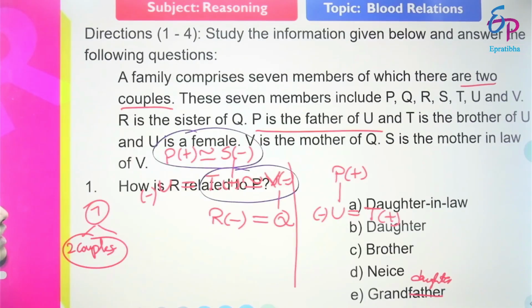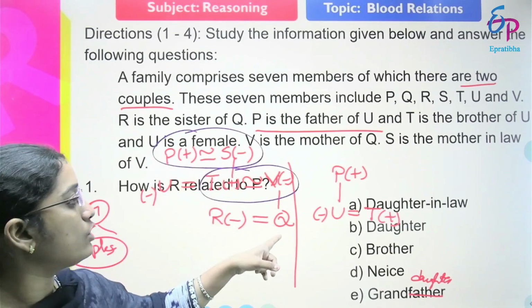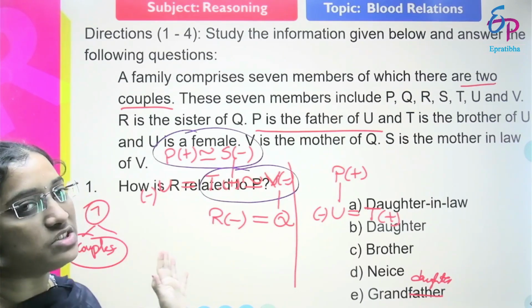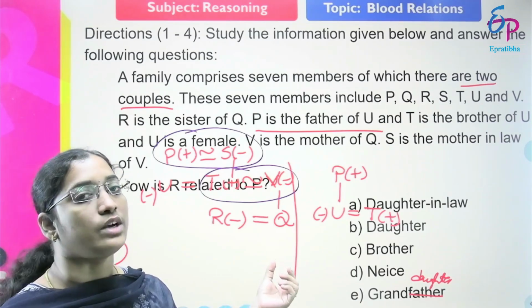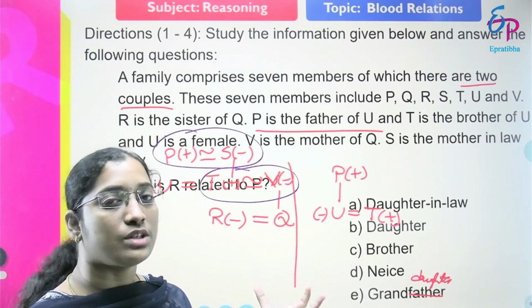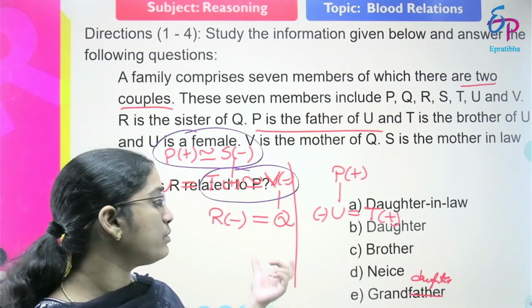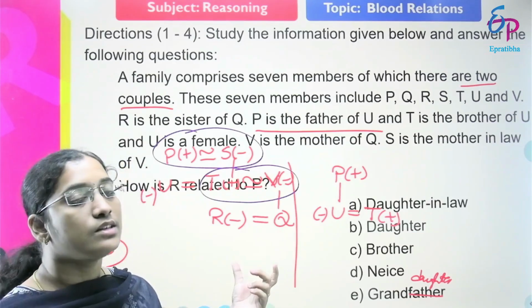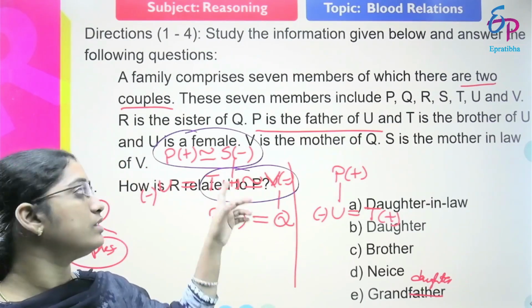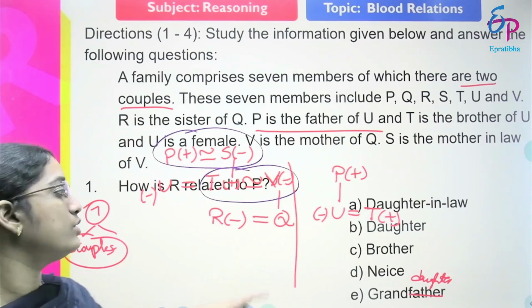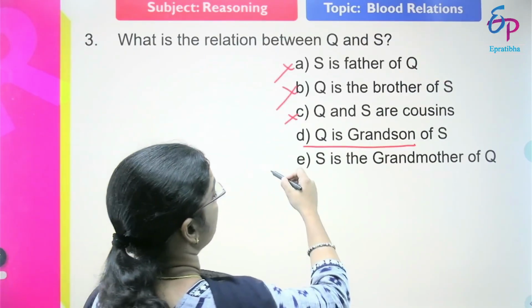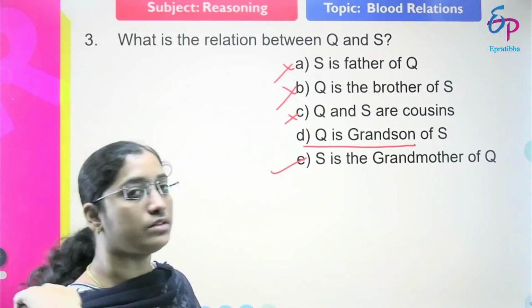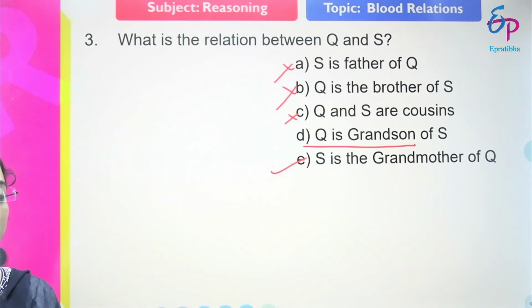But the question asks how Q is related to S, and using the options we are not getting perfect information about Q and S. So we need to take the other option, that S is the grandmother of Q. So the answer is option 5.